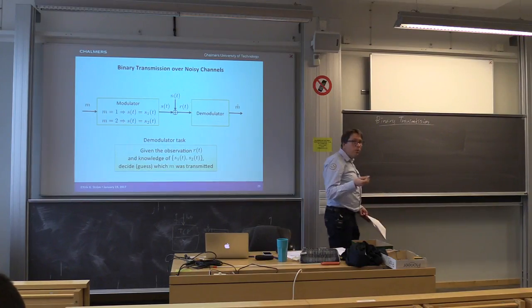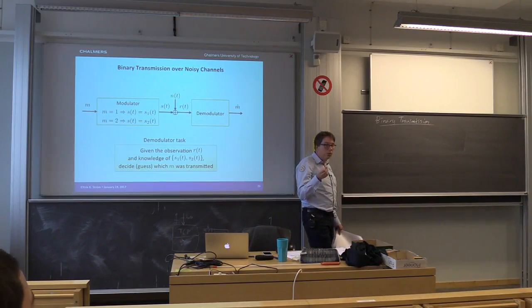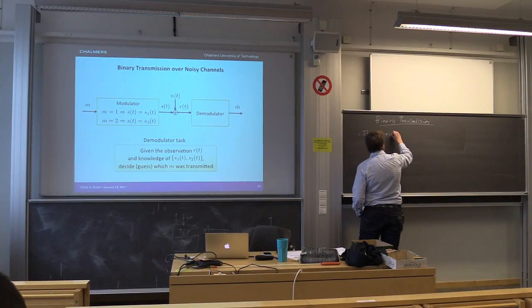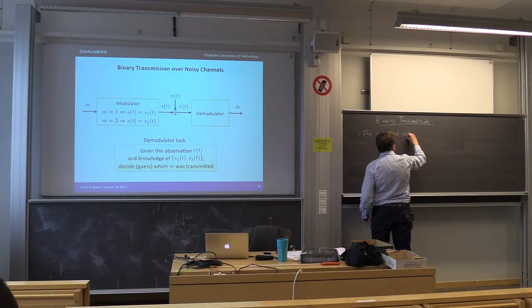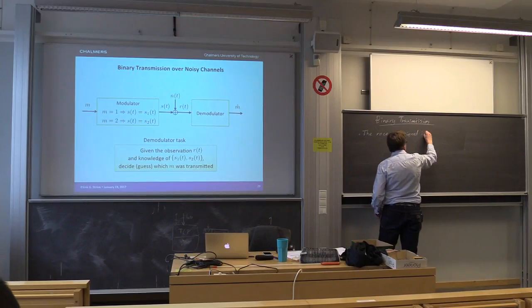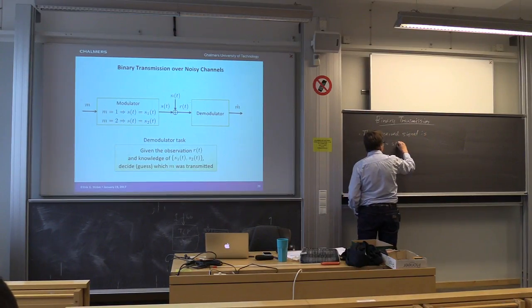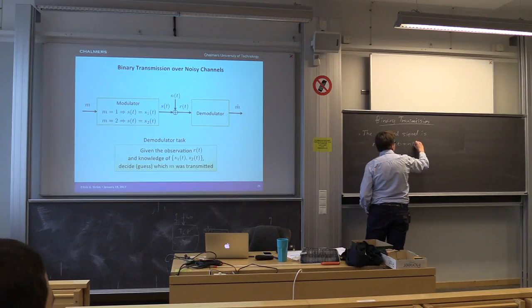So binary means that we transmit 1 bit. Okay. The received signal is R of t, which is S of t plus N of t.